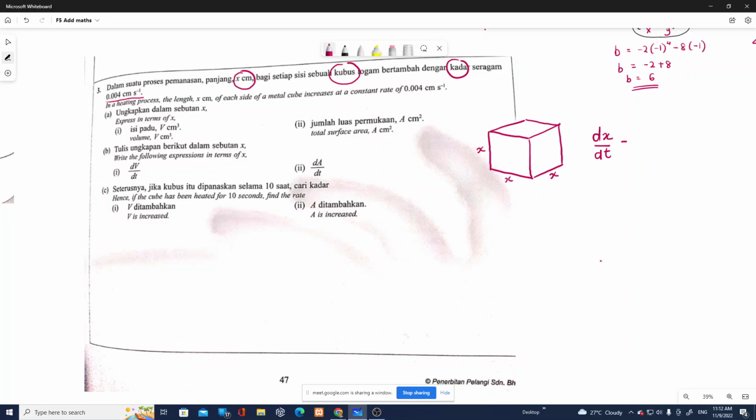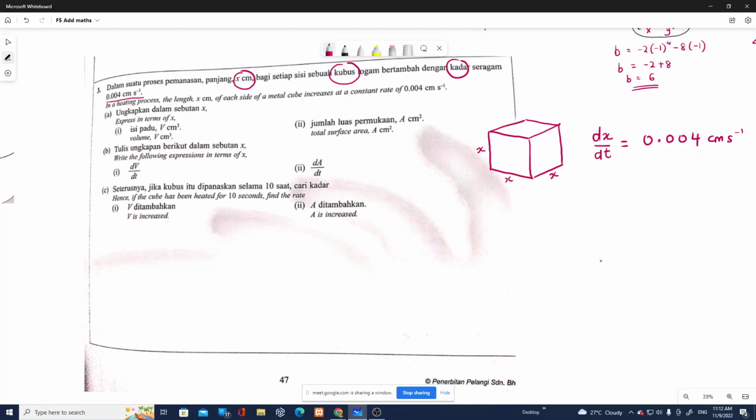So yang itu maklumat kita tulis di sini, 0.04 lah. Nak tulis unit boleh, tak tulis unit pun boleh, tapi jawapan akhir mesti ada unit lah. Okey, dalam maklumat ini tak nak tulis unit cm s tolak 1 pun boleh, tapi dalam jawapan akhir mesti ada unit lah.